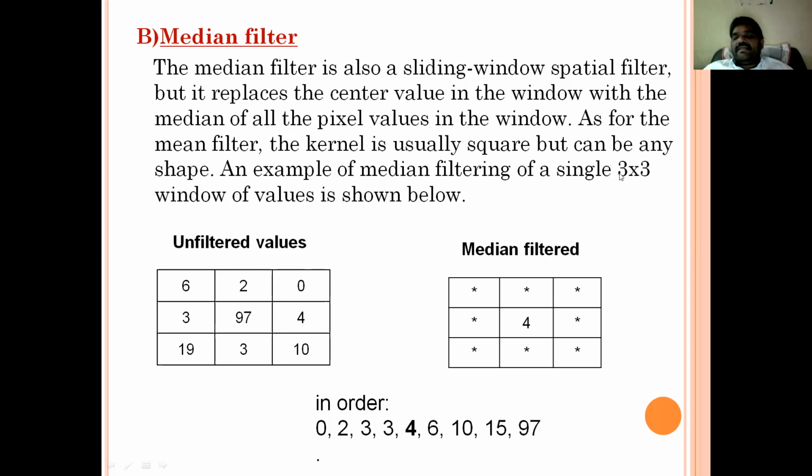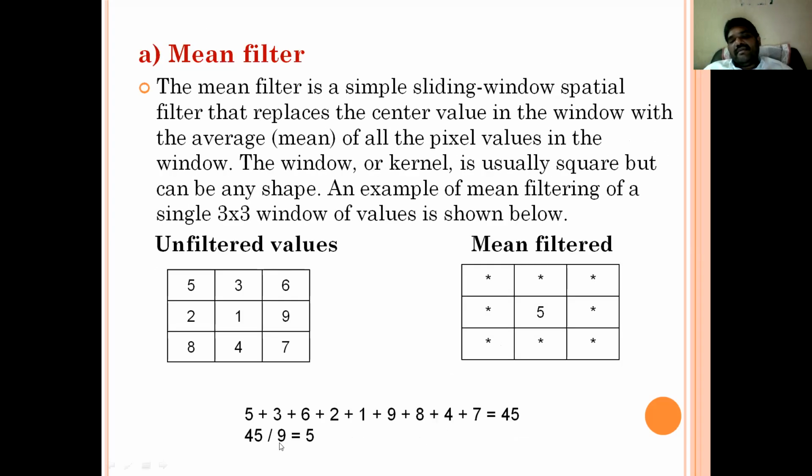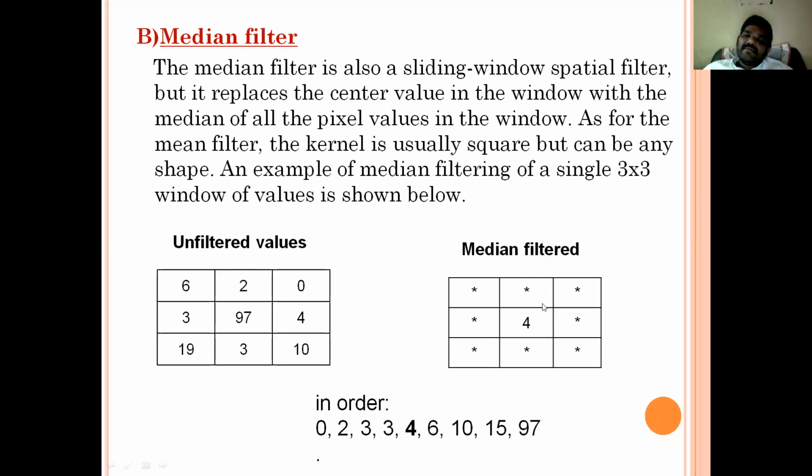In the mean filter, we summed up and averaged the values, and the resultant average replaced the central digital number. But here, all the values of the 9 pixels are laid in incremental order, and whatever value we get replaces the existing central digital number. This is the median filter of low pass filters. Understand?